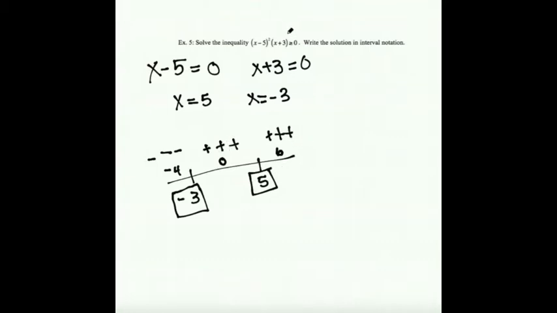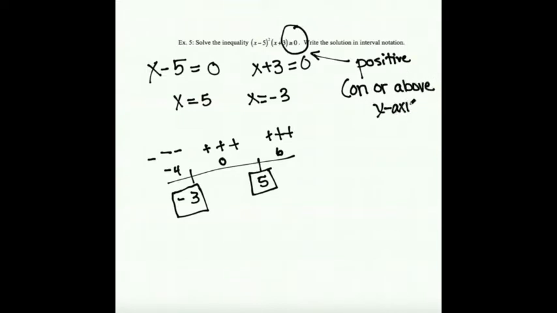So now going back up here, they were asking for values greater than or equal to 0. So they want the positive sections. All right. So they want the values that are on or above the x-axis. On or above the x-axis.